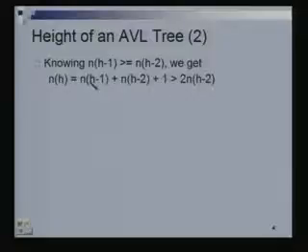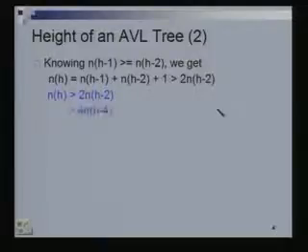I have replaced this n of h minus 1 by n of h minus 2, and this is what I get. Now this becomes a simple thing to solve. n of h is more than 2 times n of h minus 2. This is what I will solve. Now n of h minus 2 is more than 2 times n of h minus 4.